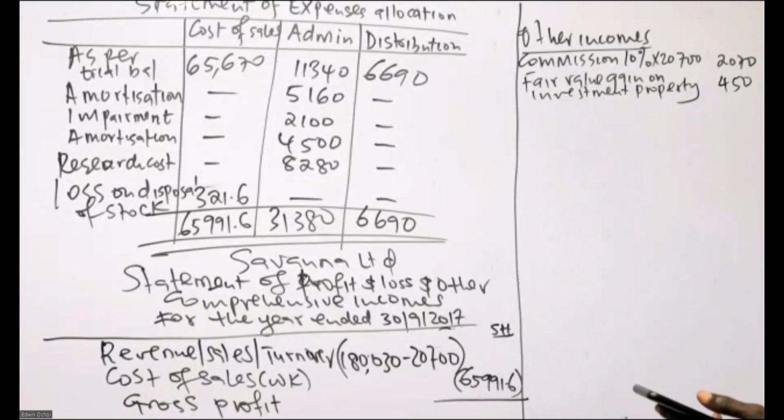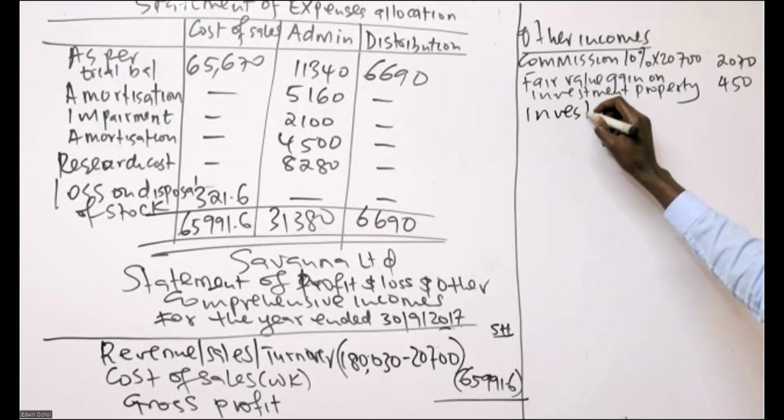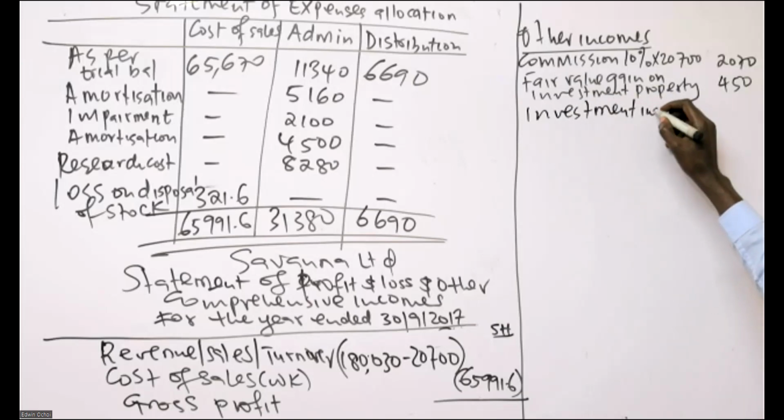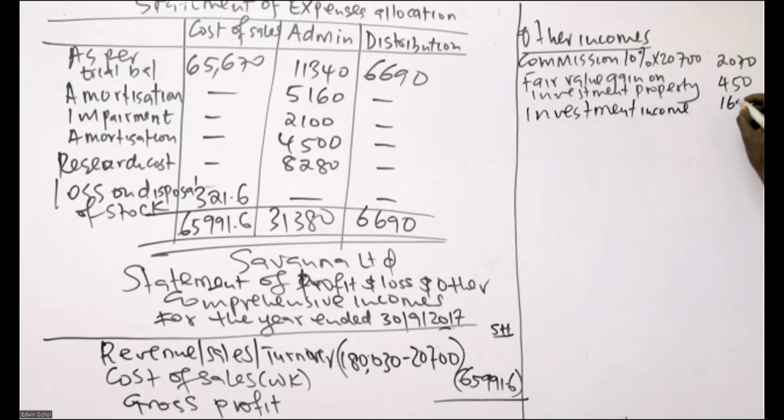Then there's note 6, investment income from tax exempt companies. There's an investment income of 1620, note 6. Check note 6.